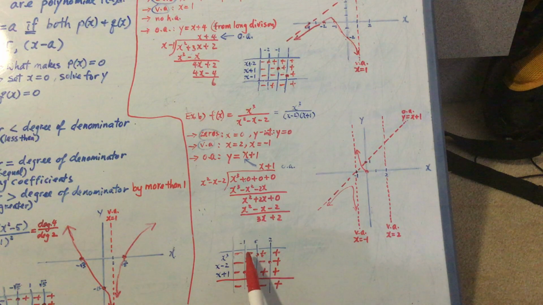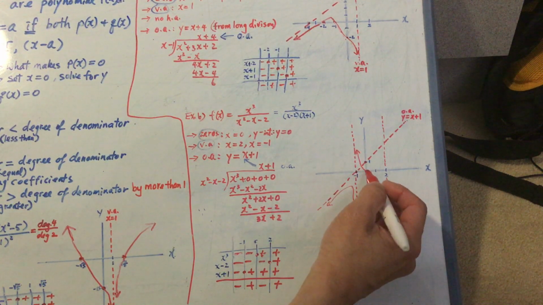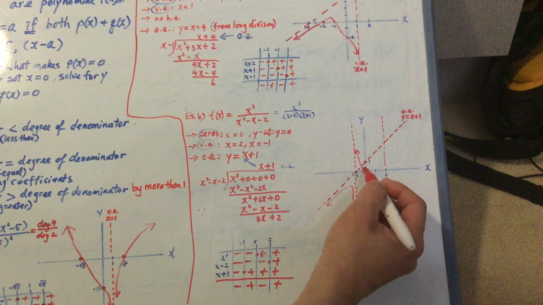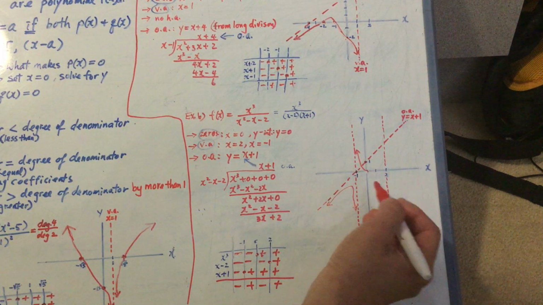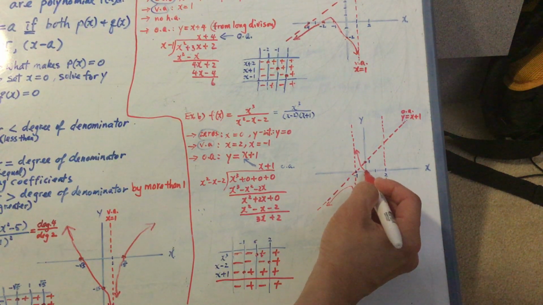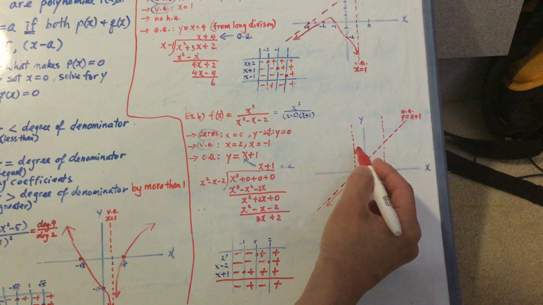Because according to my factor table, between -1 and 0, the graph must be in the positive interval. That means it has to be above. So I have no other choice, because if I don't cross, then I will end up with another y-intercept, which I don't have. This is my only y-intercept, okay, at the point of origin. So I have no other choice but crossing it.